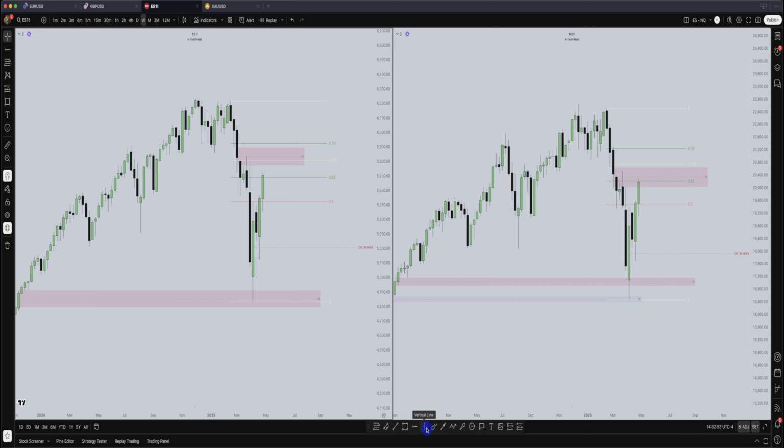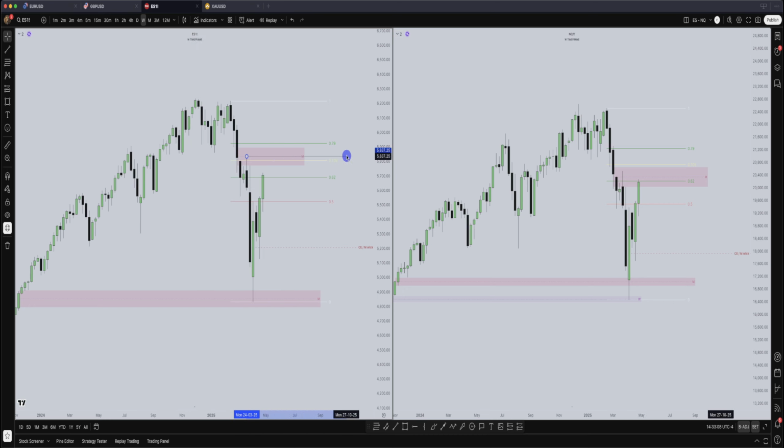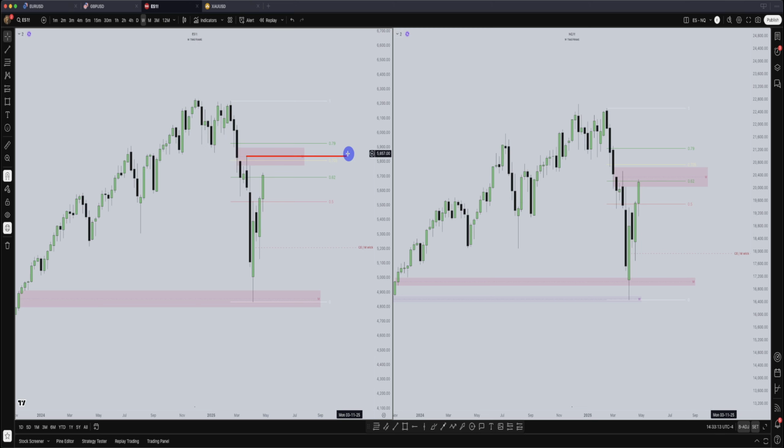Obviously, I will annotate it like this. This is a previous high. So you can see it very clearly. This is a very interesting level. Also here, this previous high is the closest to be attacked by the price, it is liquidity.